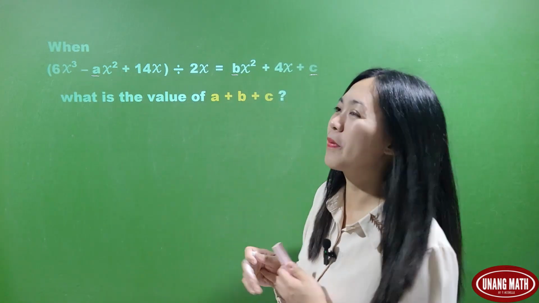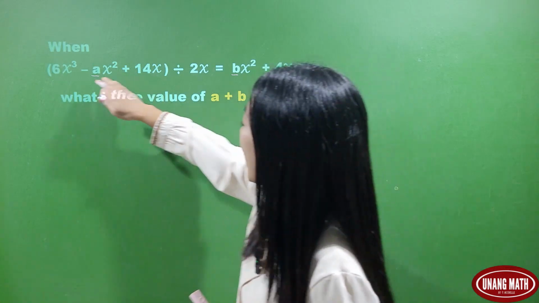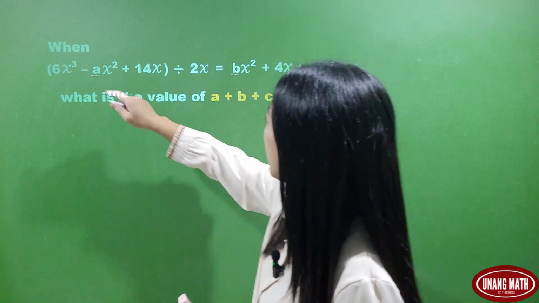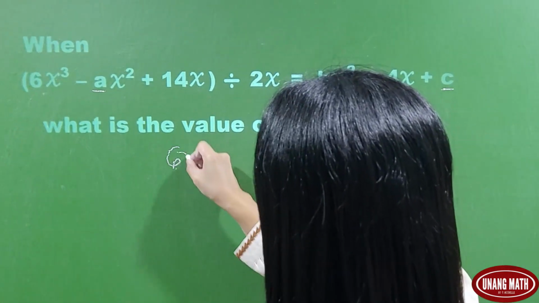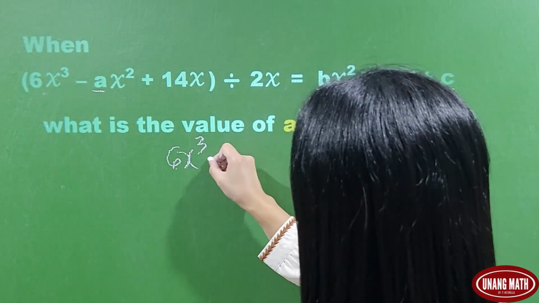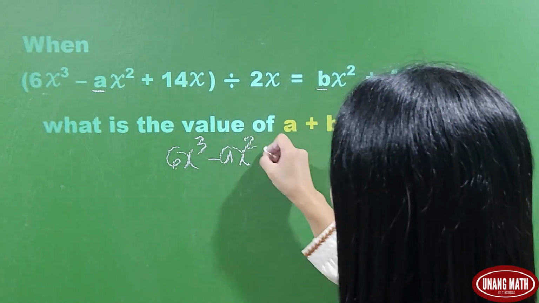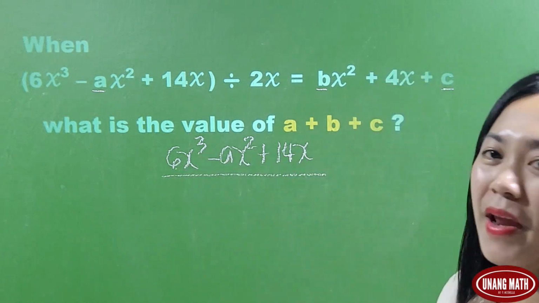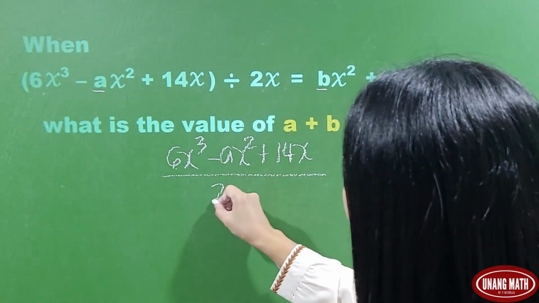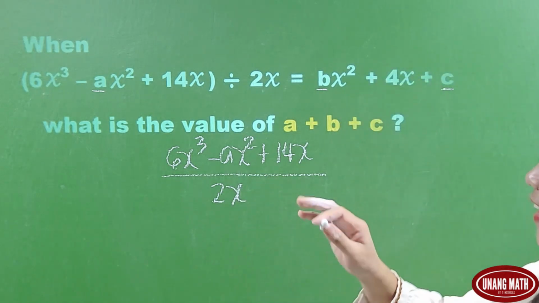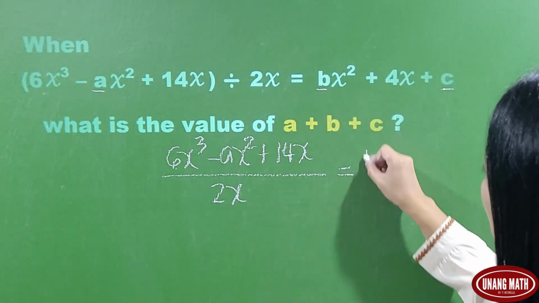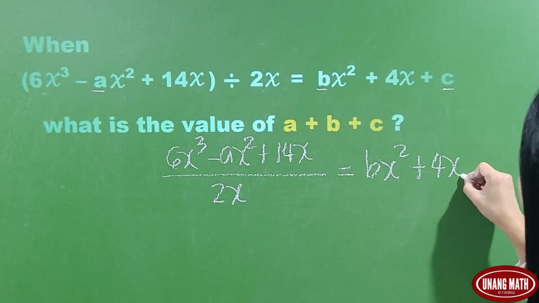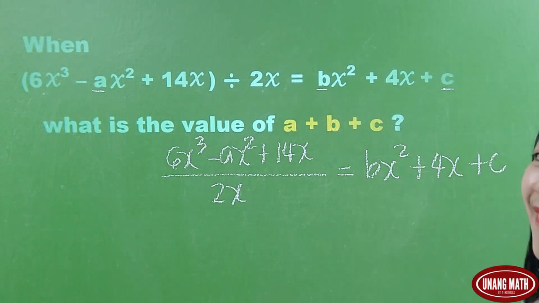And in this problem, we will be writing this given in fractional form. So it means 6x raised to the power of 3 minus ax squared plus 14x. This is our numerator, and our denominator is 2x. Okay, take note, this is equal to bx raised to the power of 2 plus 4x plus c.